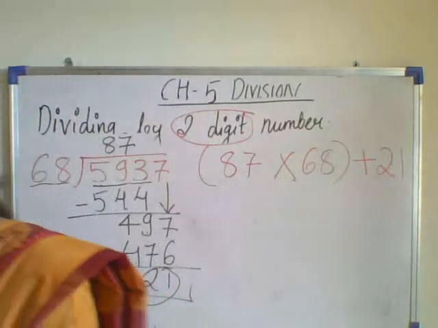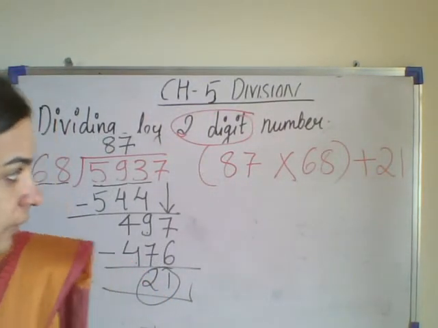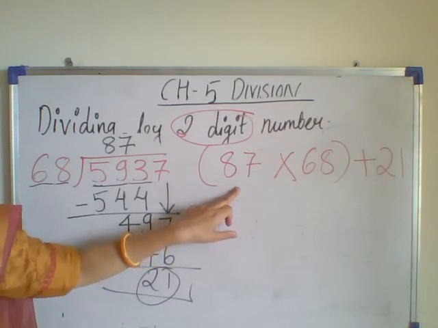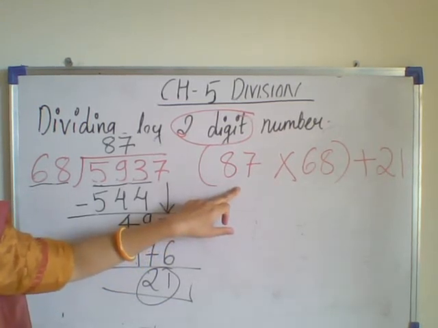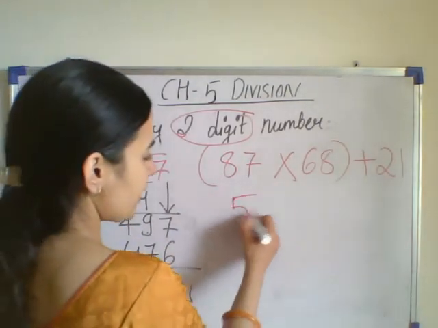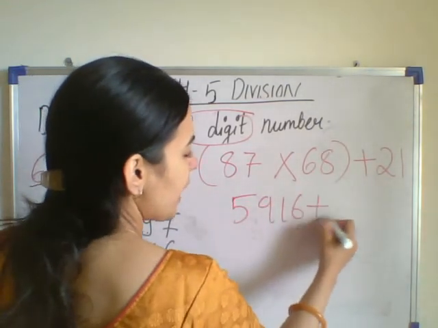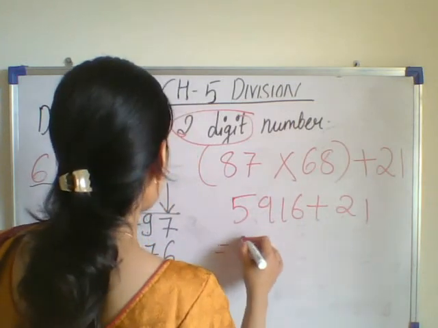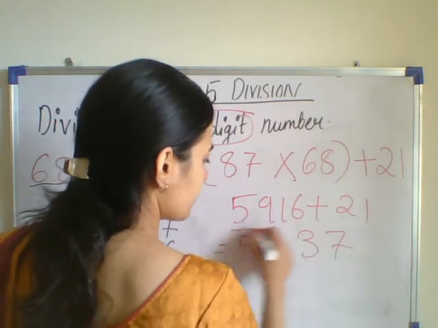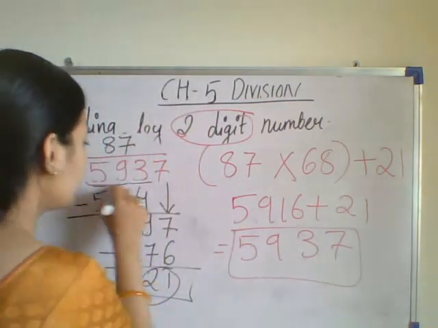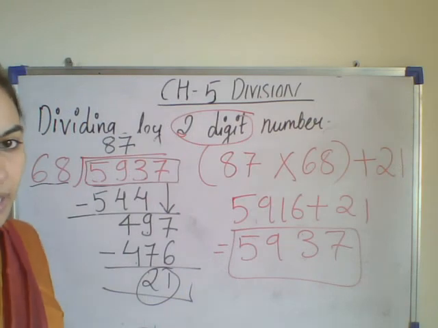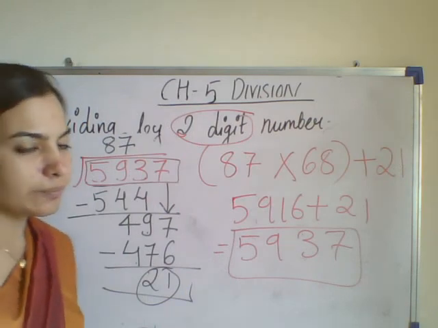If you multiply 87 by 68, you will be getting 5916. 5916 plus 21, you will be getting the answer 5937. This is our dividend. So it means that the division that we have done is the correct one.